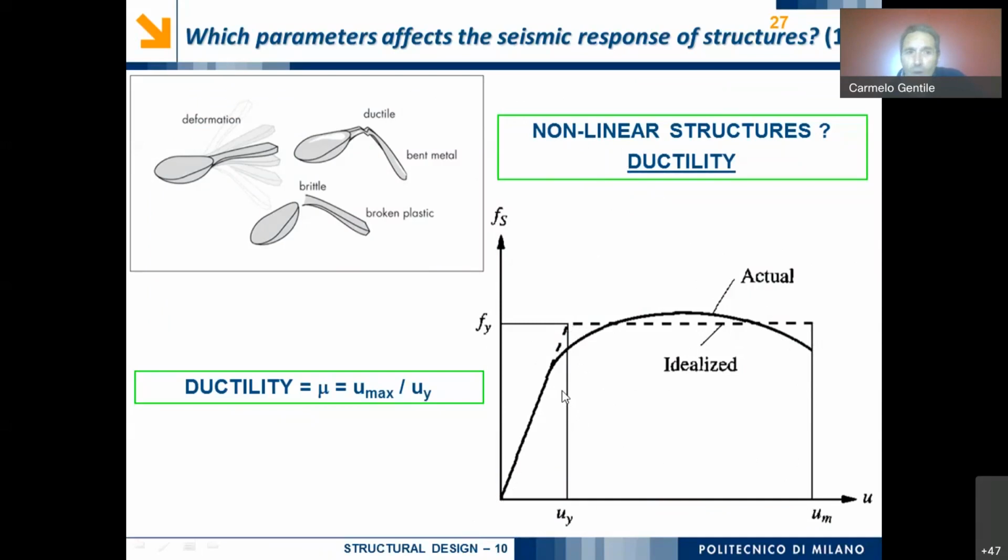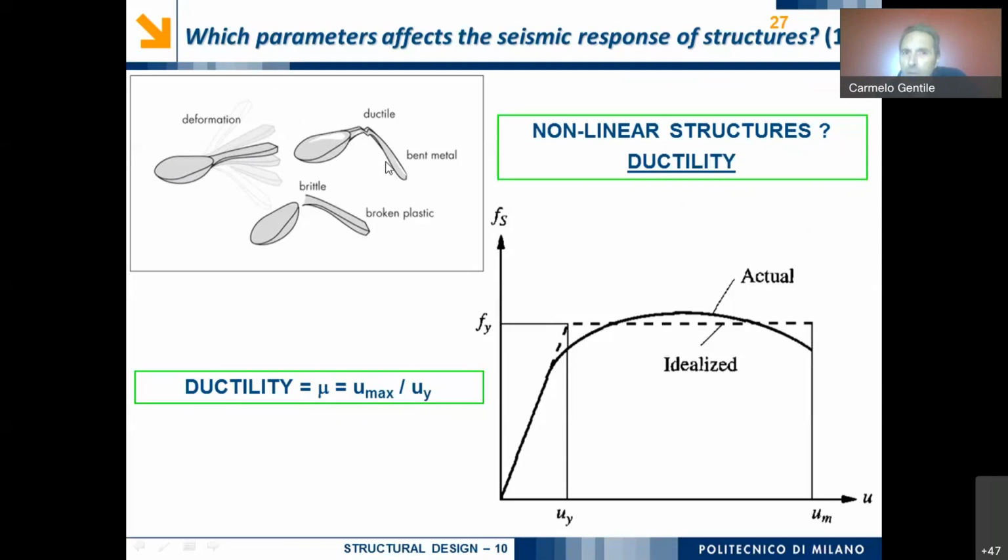Of course, when I have a spoon like this undergoing a very ductile deformation, after the applied force finishes, we have a very large permanent deformation.